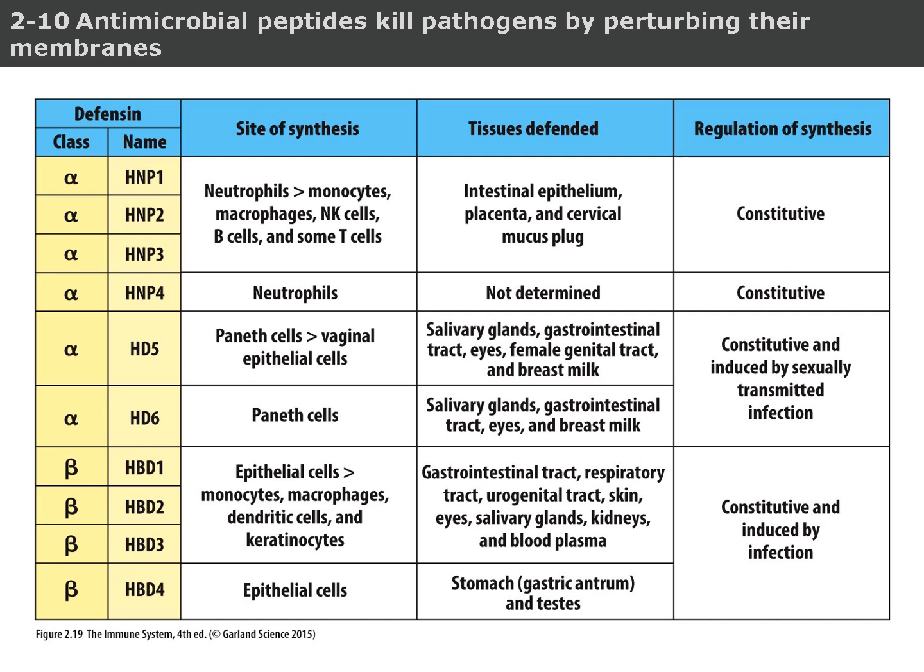HBD4 is produced by epithelial cells in the stomach and testes. These defensins defend a wide variety of tissues, including the gastrointestinal and respiratory tracts, urogenital tract, skin, salivary glands, kidneys, and even blood plasma. Their production is regulated both constitutively and in response to infection. Together, these antimicrobial peptides provide a broad and layered defense across multiple tissues in the body.